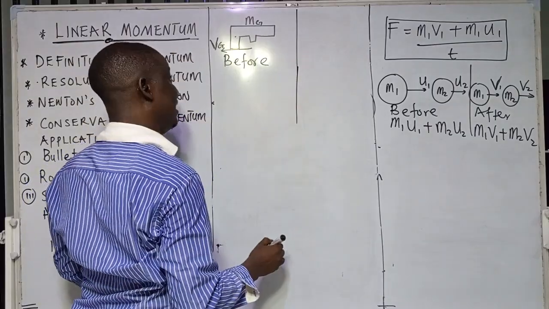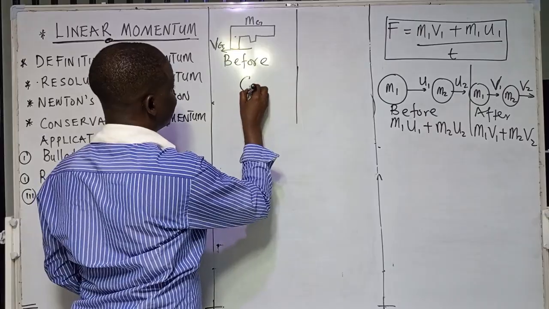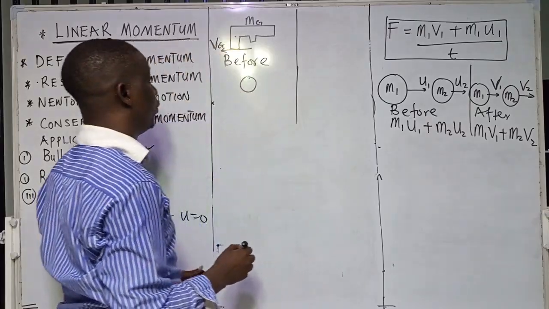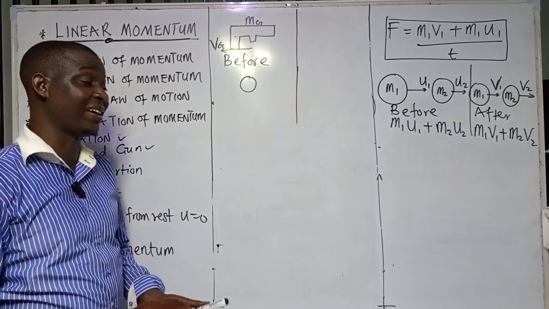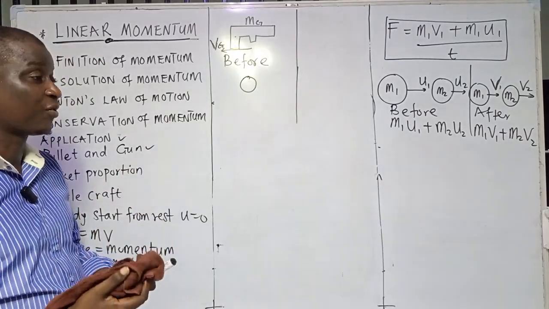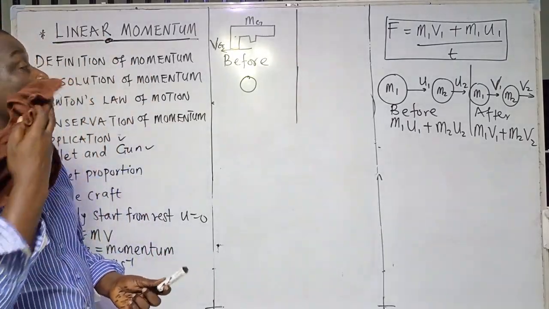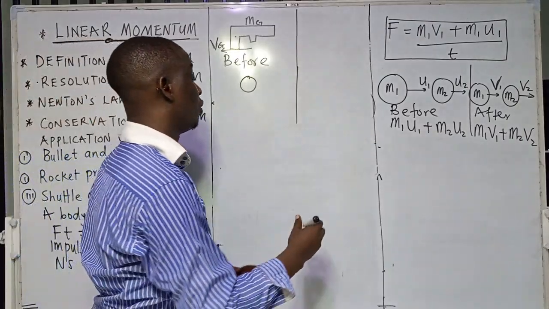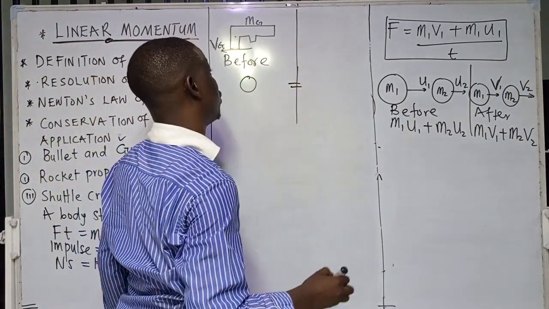Now, before they fire the gun to release the bullet, the change in momentum is equal to 0 because the body is at rest. The gun has not been fired. So in that case, the momentum is equal to the change in momentum equal to 0.